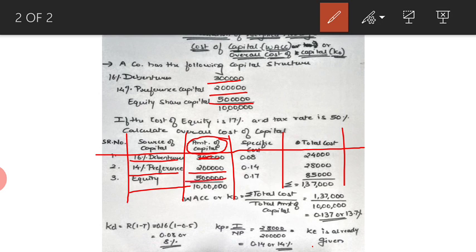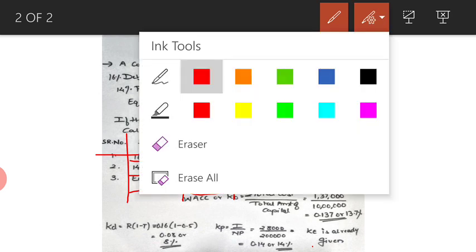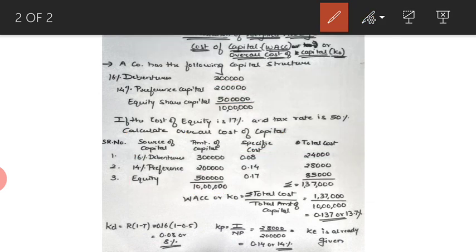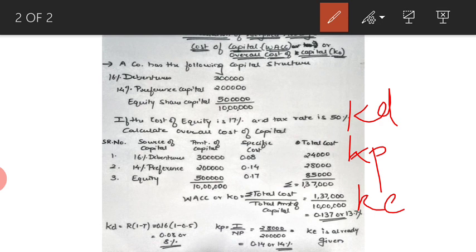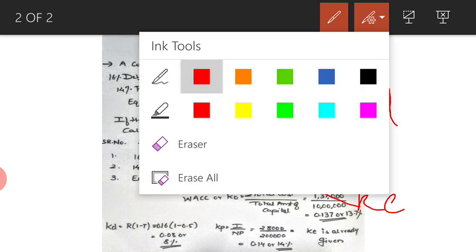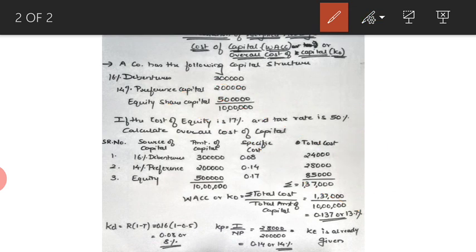The total of the amount of capital is 10 lakhs. Now going ahead with the specific cost. Specific costs are nothing but your KD, KP, and KE for the individual sources: debentures is KD, preference is KP, and equity is KE. Those are called the specific cost. Now how do we calculate the specific cost?